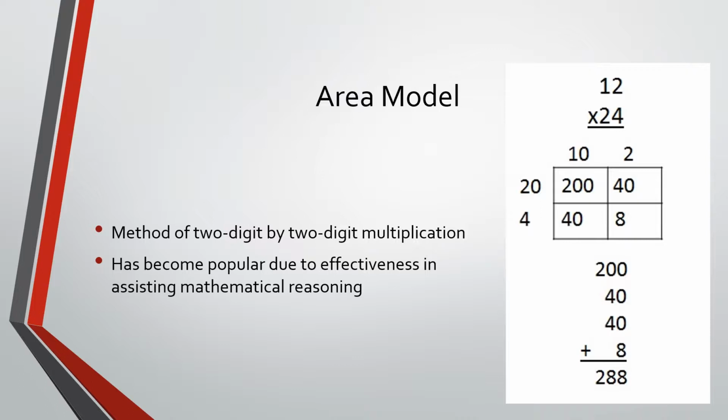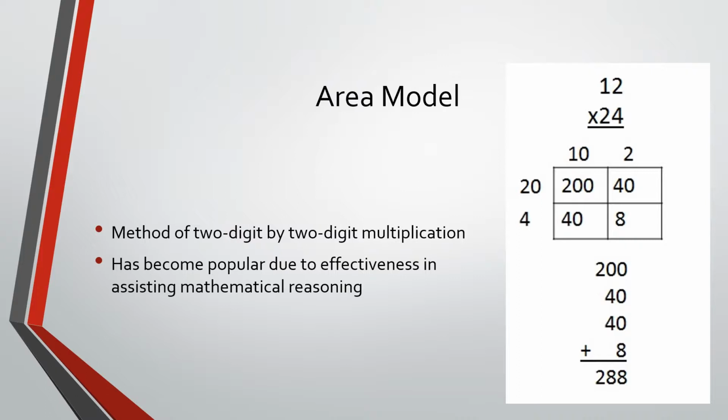Schools and curriculum will teach students this area model so that they can develop an understanding of 2-digit by 2-digit multiplication, and then they will transition students, once they are able to develop that math reasoning, into what's referred to as the standard algorithm, which is what I'm sure most of you would relate to having been taught when you were in school.